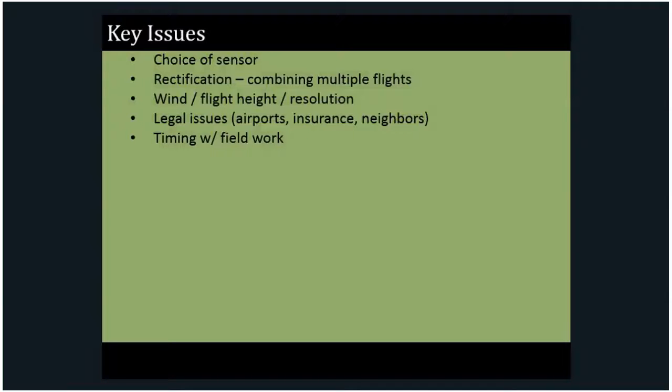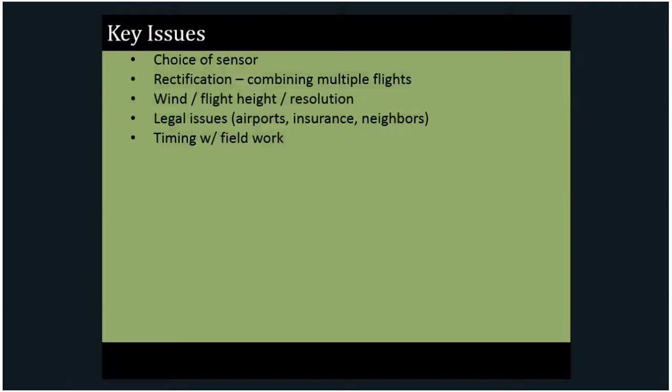In terms of rectification, we had to do a lot of our own ground control points. And we were lucky enough to find, you see the little green blobs here, I've got them indicated. Those are actually light poles on the road, and we could identify those from a Maryland database.